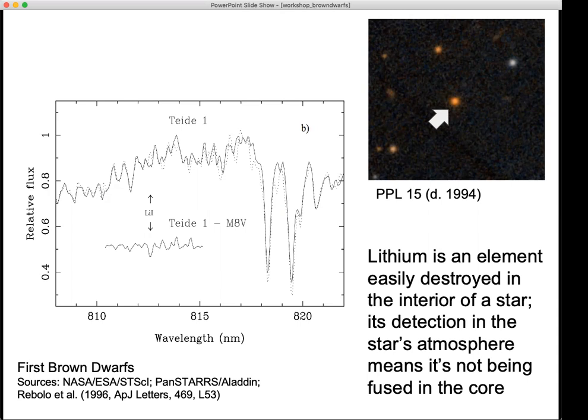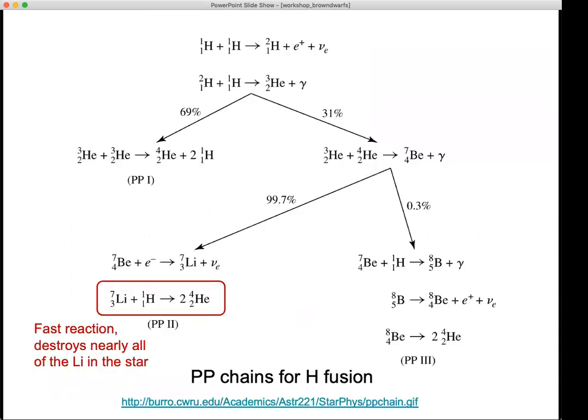An absorption line from a lithium atom. And that's important because if we go back to our proton-proton chain, lithium is down here as one of the third parts of the chain. And this particular reaction where lithium combines with a proton to make helium, that's the last step of the chain, is a very fast one.